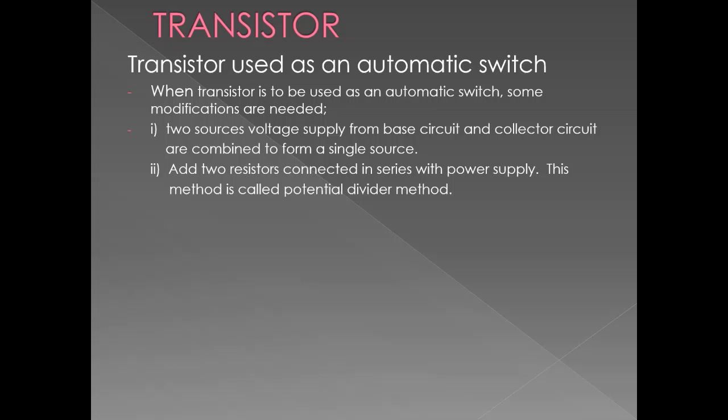The purpose of adding this resistor is to form what we call a voltage divider. This voltage divider is used to control the minimum and maximum voltage that is allowed to flow, that can be used on our device.